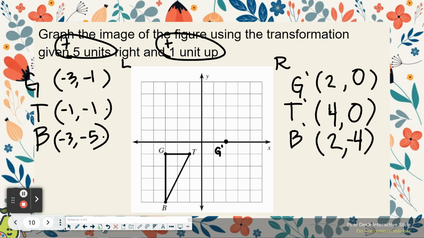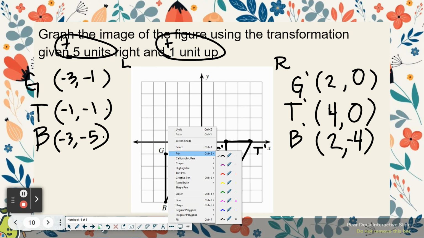Then I'm going to go over 4, again, staying on my x-axis because you're going up 0, and t prime. Then b, you'll go over 2, and you're going to go down 4. B prime. And then we'll just draw in our figure.